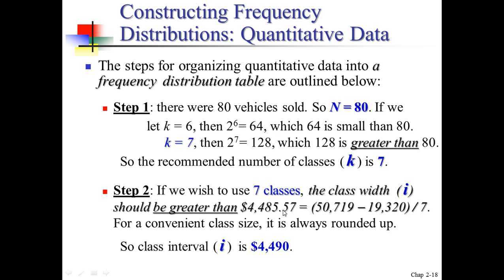Yes, correct. You can take I equal to 4,486 because it is greater than this number. You can take I equal to 4,487, 4,488, 89, 90, 91, 92, 93, 94, 95. Any number that is greater than this number.